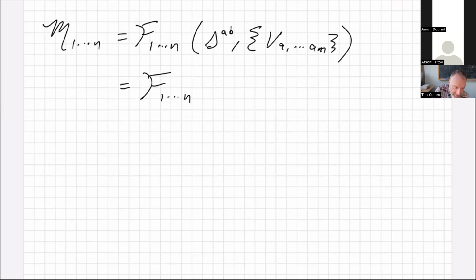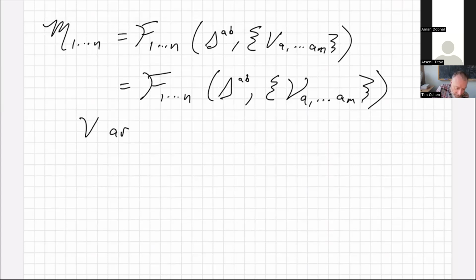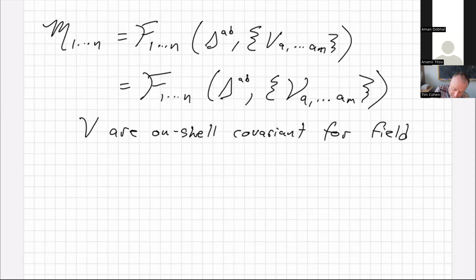Again, the first thing is the thing you would do with Feynman rules. This has, again, an upgraded notion of indices that are now manifestly on-shell covariant. And so these V are on-shell covariant for field redefinitions with derivatives.